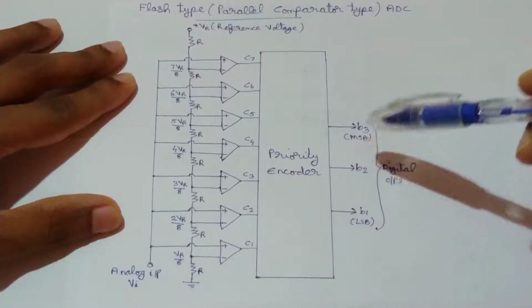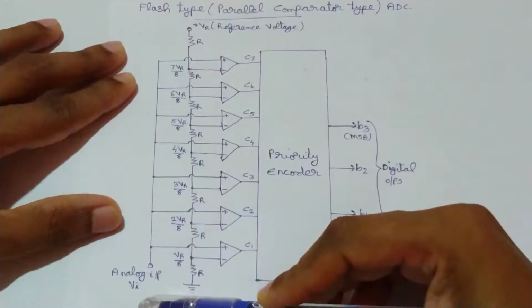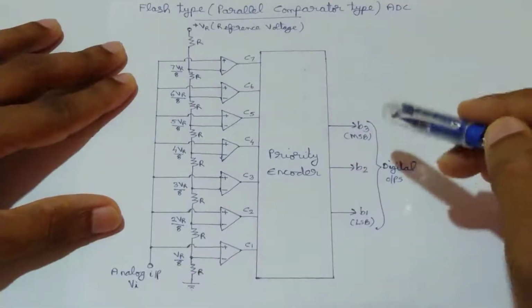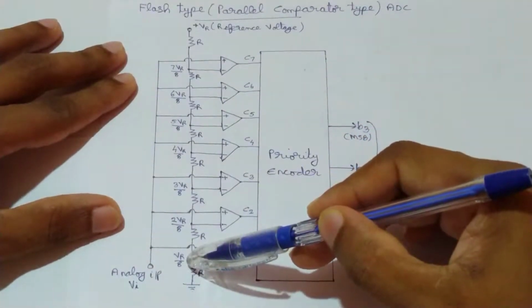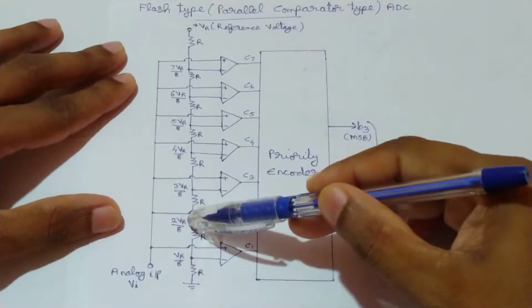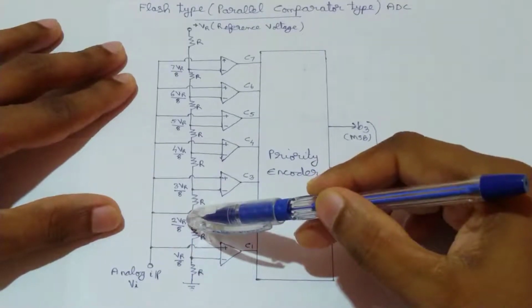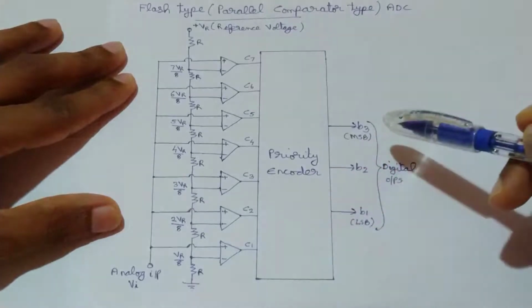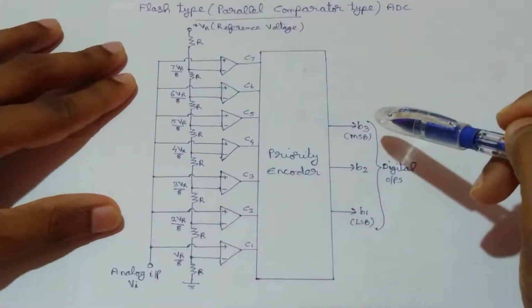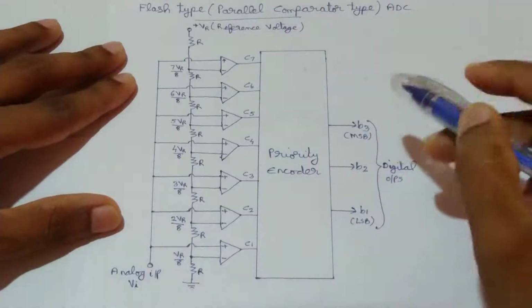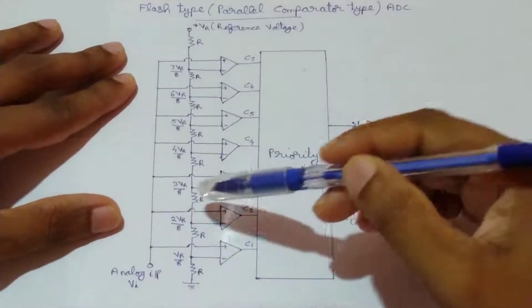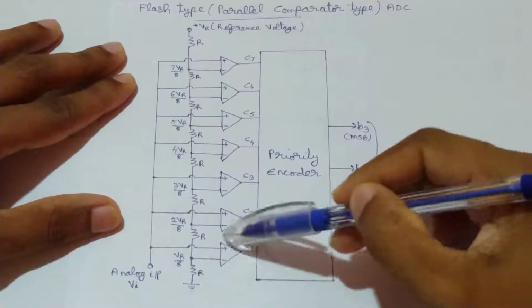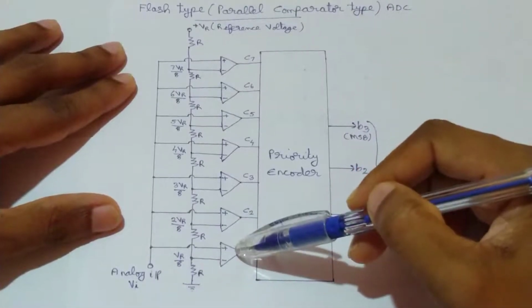Now consider the case when the input voltage Vi is greater than this VR by 8 but less than this 2 VR by 8. Okay, that means this Vi is in the range VR by 8 less than Vi less than or equal to 2 VR by 8. So at that condition, consider this first comparator.